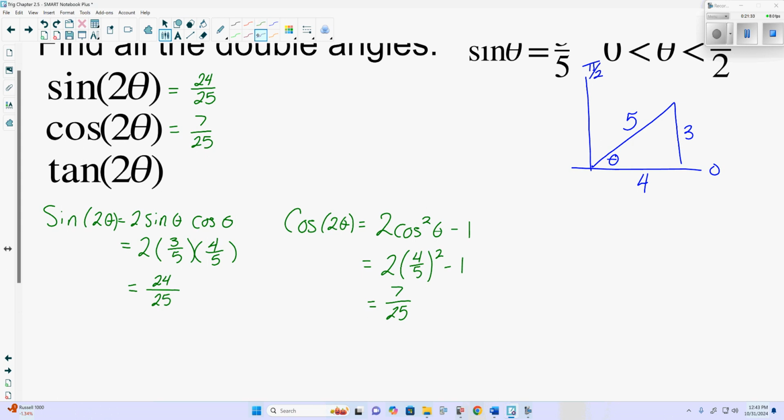Tangent. Well, tangent, even though it is 2 theta, is still sine over cosine. Which if we plug that in, we get 24/7, and we're done.